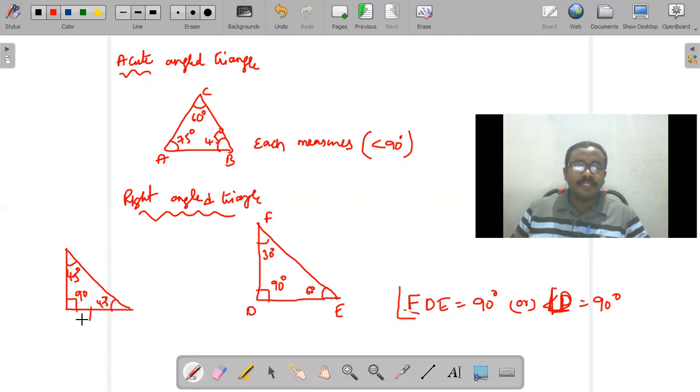It means this side and this side are both the same. If the base angles are the same in a right angle triangle, then we can call it an isosceles right angle triangle. So this is a special triangle. We can also call it a special right angle.